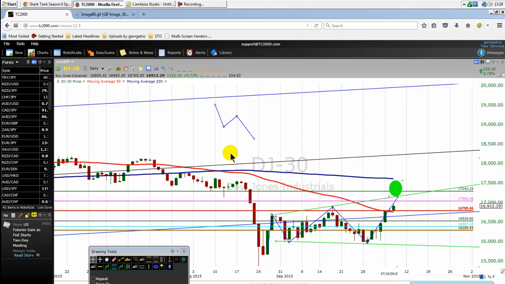Now, I want you to understand this clearly. So if I have a pattern that is formed of three parts, 1, 2, 3, and I see an expanding triangle here, it's alerting me that the last part of this pattern is about to be completed.